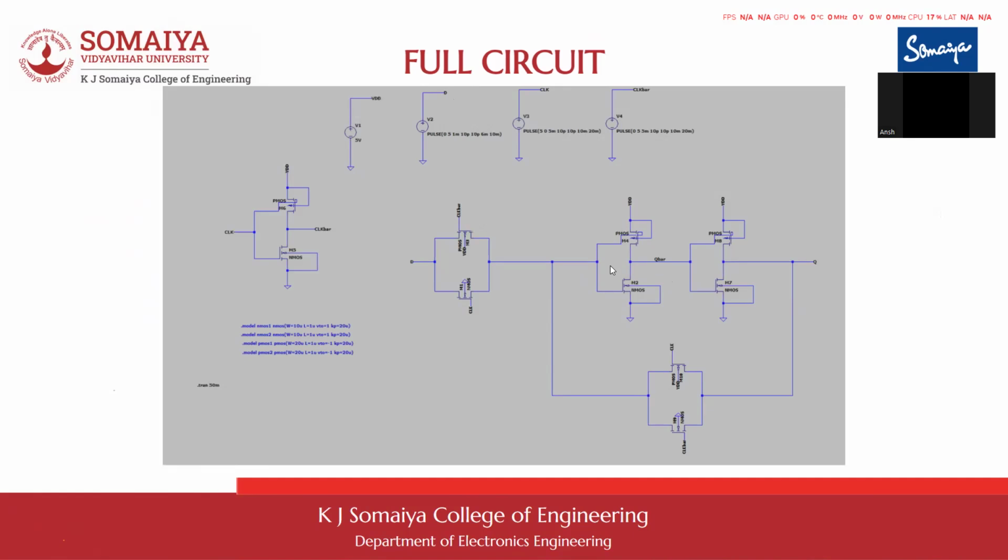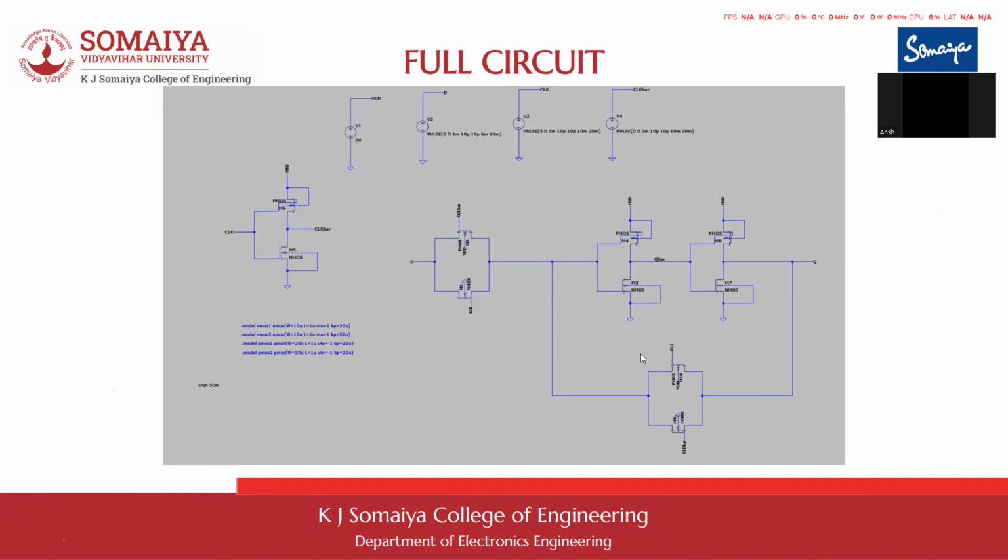So over here, we get Q bar, and then Q bar gets inverted again, and then the output we get is Q. And as you can see, we have another transmission gate down under. So this makes a feedback loop to our input. So this is how we actually retain information.